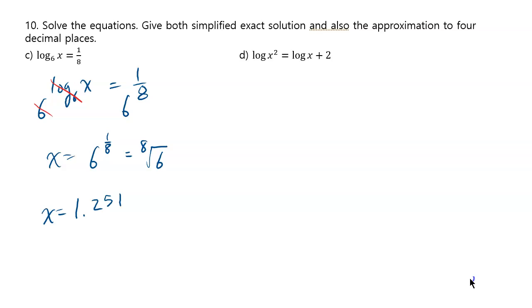Next, here we have an equation like this, and you have to be careful because log of x squared can be ambiguous; you have to decide what this means. Does this mean log of x squared, or does it mean log of x and then the entire thing is squared?